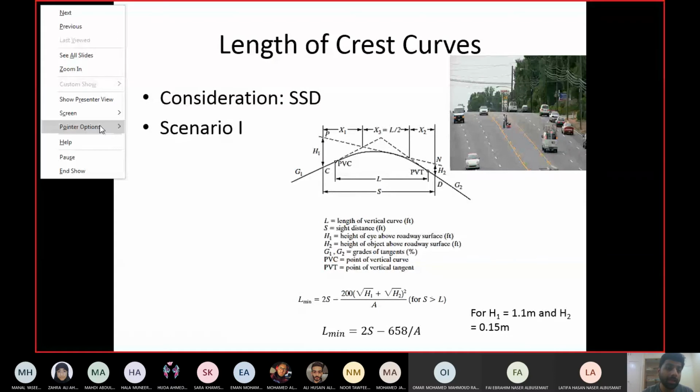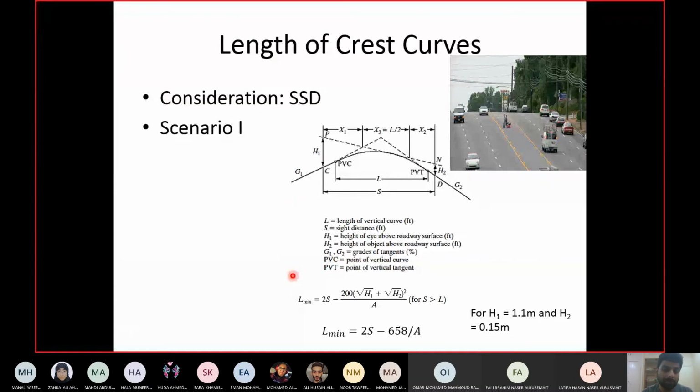Now you would say, why? I am the tallest one in the class. I am the shortest one in the class. Okay. Then how can my H be equal to another guy's height? This is the height of the driver. And the height of the driver is mostly the same if he is sitting on the seat of the vehicle. Okay, when you're sitting on the seat of the vehicle, you adjust the seat. If you are too short or too tall, then you adjust your seat.